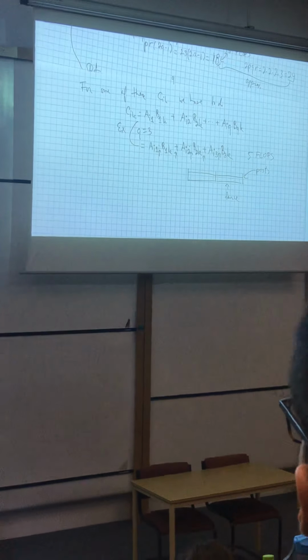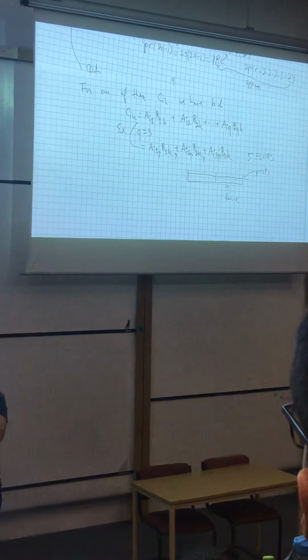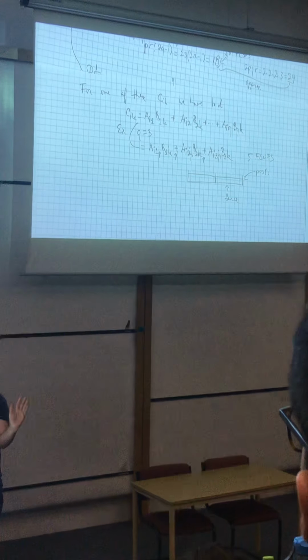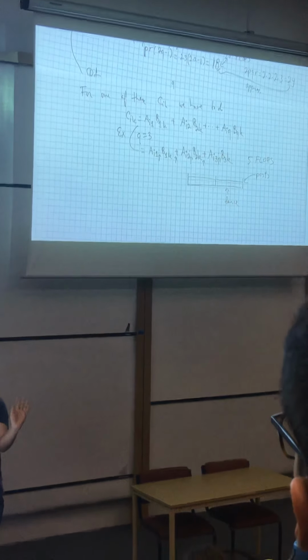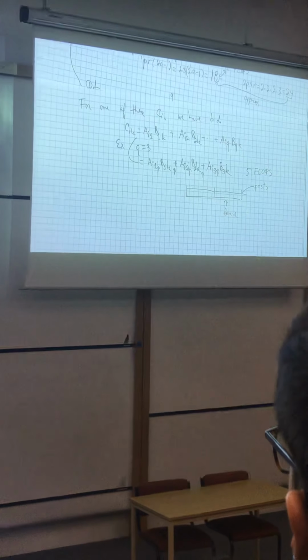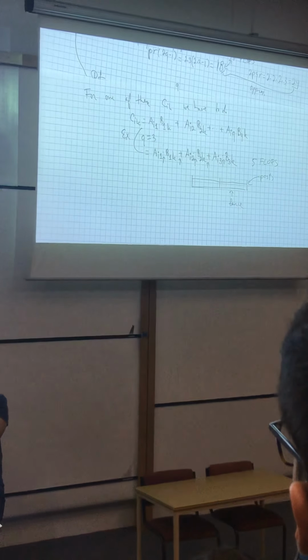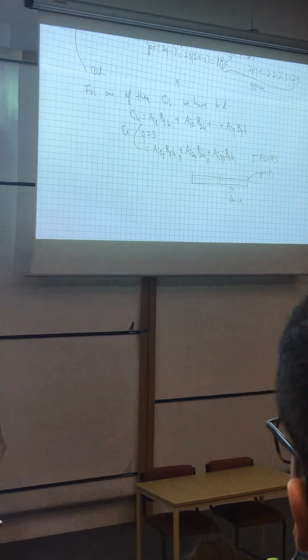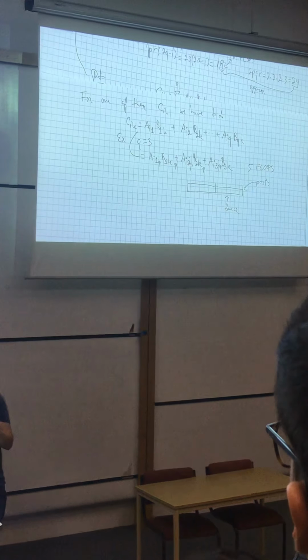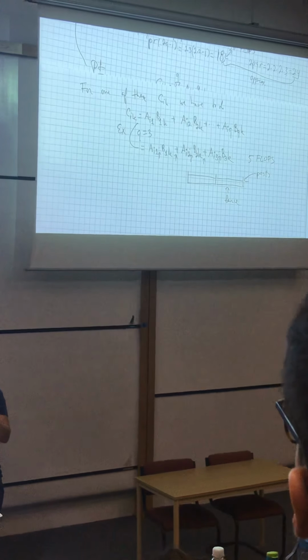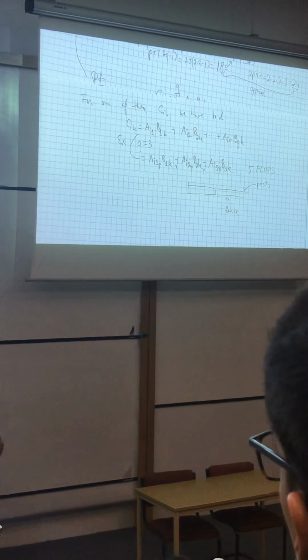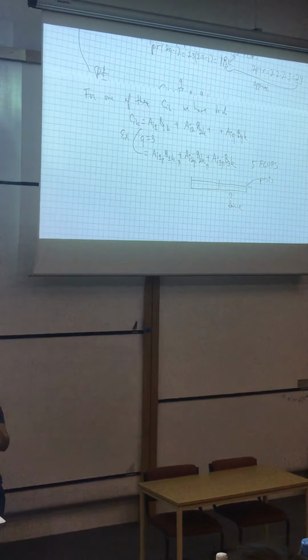So if you have 3 posts, and you're going to put the posts 1 meter apart, how many meters of fence are you going to need? 2 meters of fence, 3 posts. So it's a fence post problem. There's 1 more post than there are meters of fence, right?